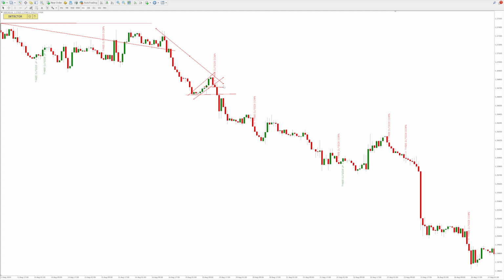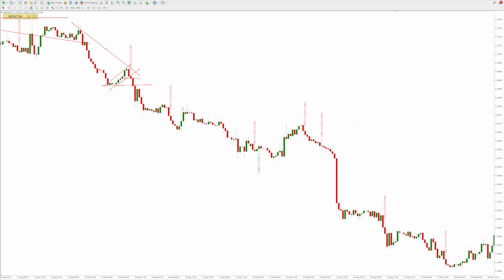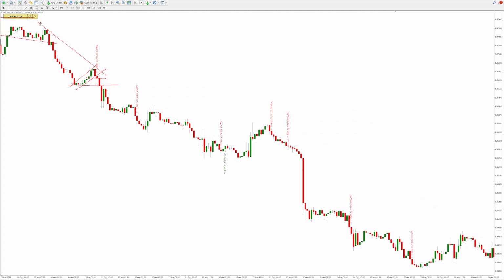Okay, so now we've confirmed we're in a downtrend, we've got in at a good point, and we can trail our stop loss. So basically, initial stop would be here. Once price falls, makes a pullback and continues to fall, we can move our stop loss above the recent high.